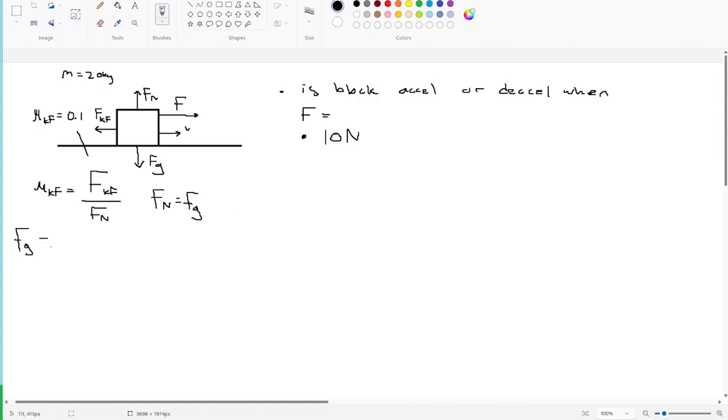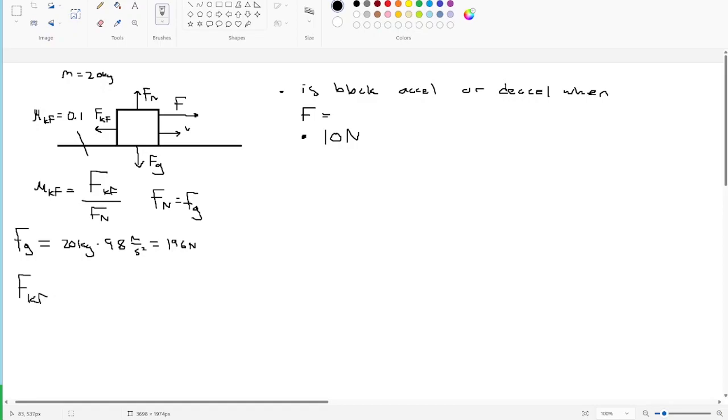which is equal to 20 kilograms times 9.8 meters per second squared, which is equal to 196 newtons. So what is the force of kinetic friction in this case?